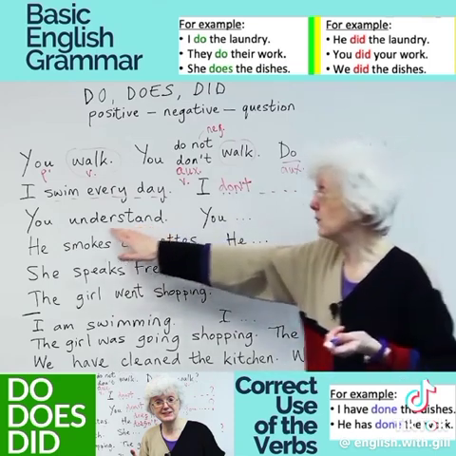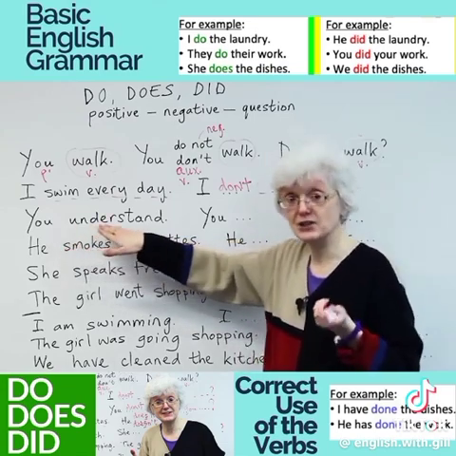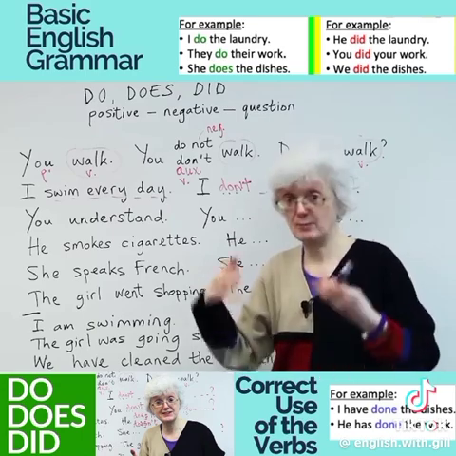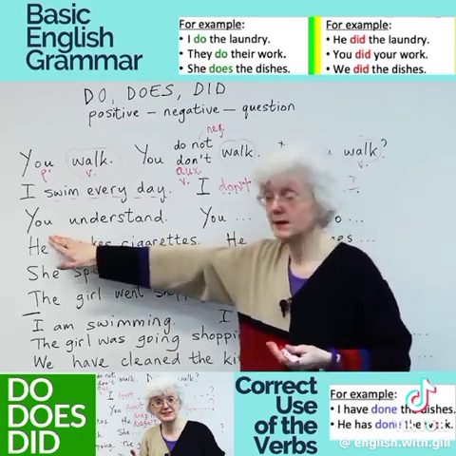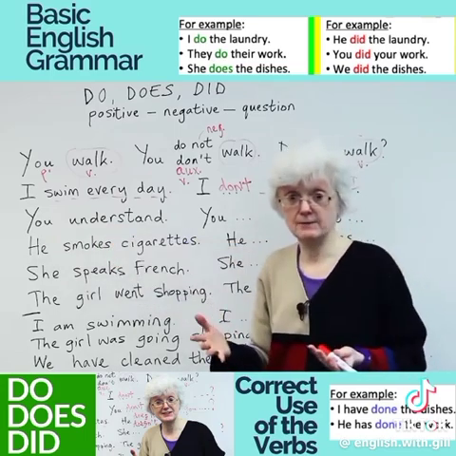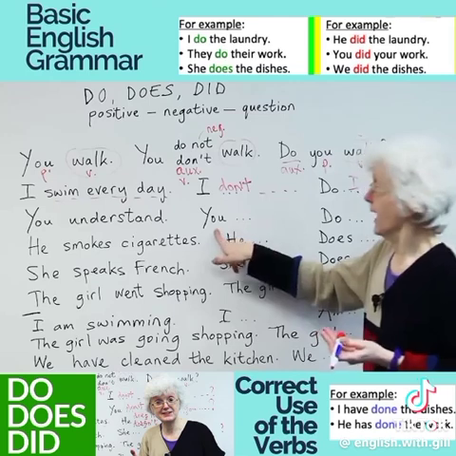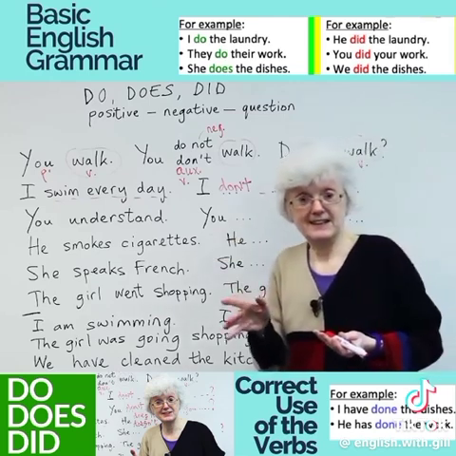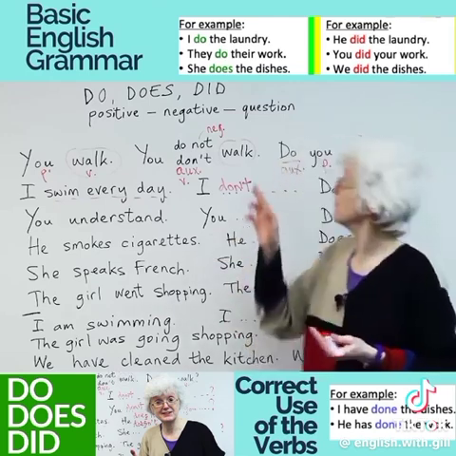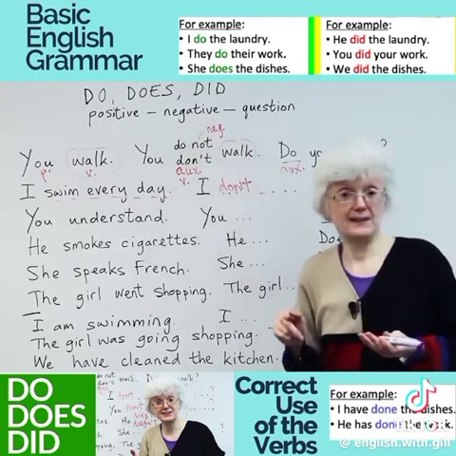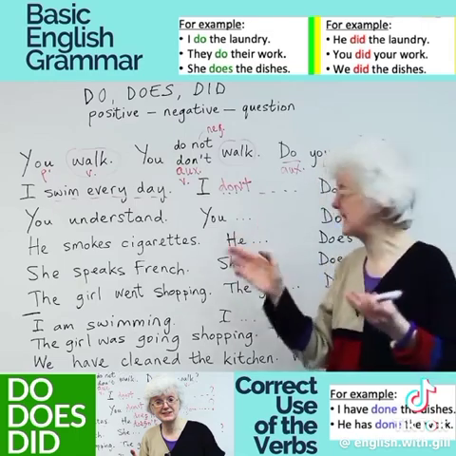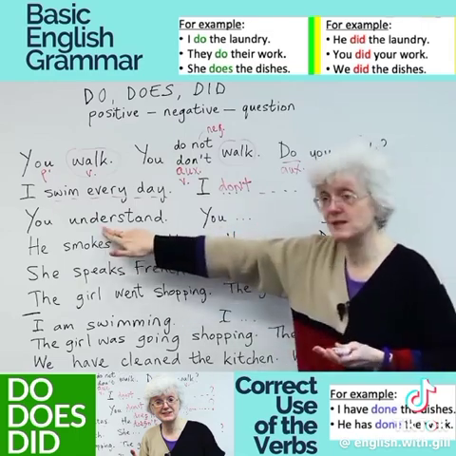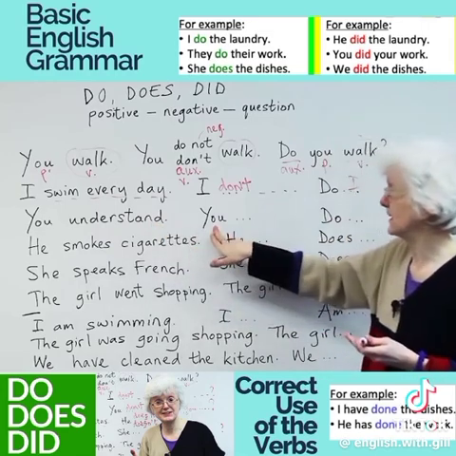I hope by now that you understand what I'm explaining about the verb to do. You understand. Okay. Now, what if it's still negative? I'm not going to say it this time. I'll leave it for you to think. How would you say the negative of this?